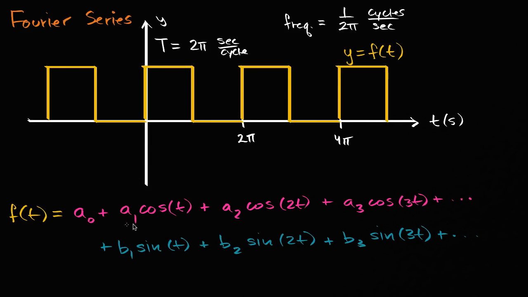So for example, if a1 is much bigger than a2, then that tells you that the function contains a lot more of the 1 over 2 pi hertz frequency than the 1 over pi frequency. Or maybe a3 is bigger than a1 or a2. And so you can start to think of a function not just in terms of the time domain, which f of t does, but in terms of how much we have of each frequency.